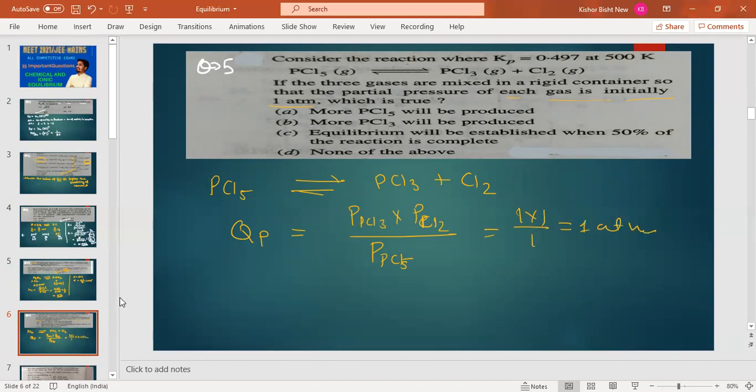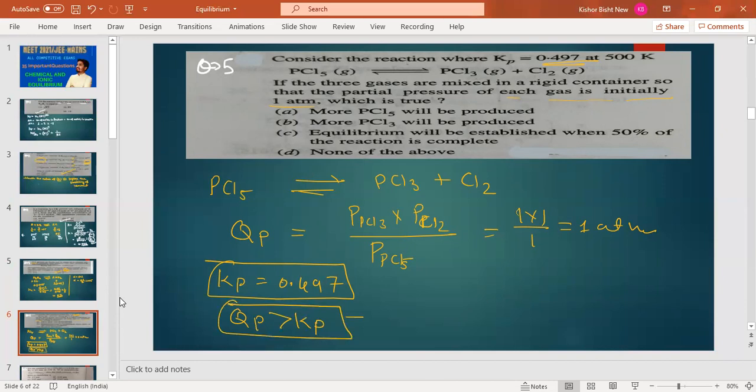Now here the Kp value is given, Kp is equal to 0.497. If Qp is greater than Kp, it means equilibrium goes in the backward direction, which means PCl5 will be formed.